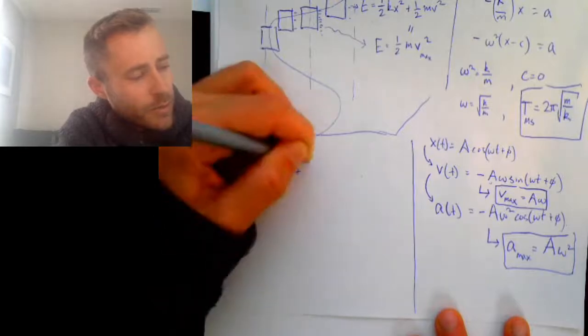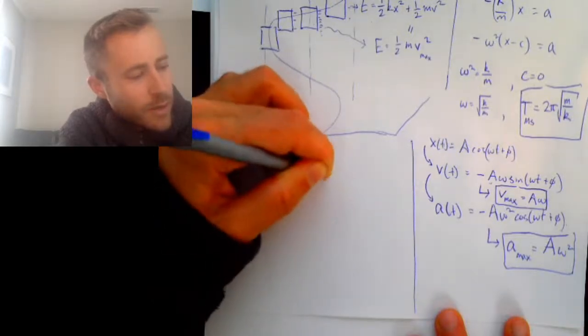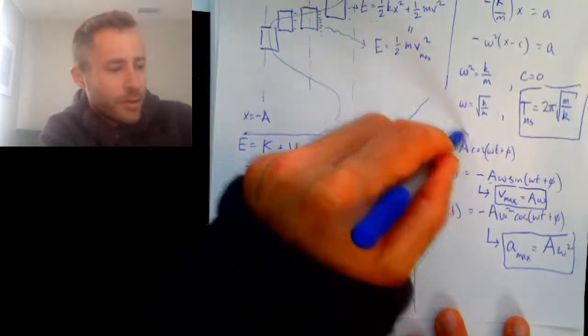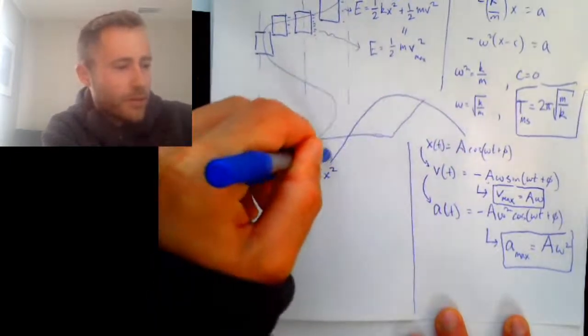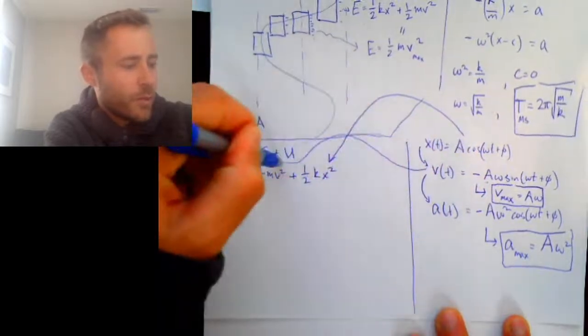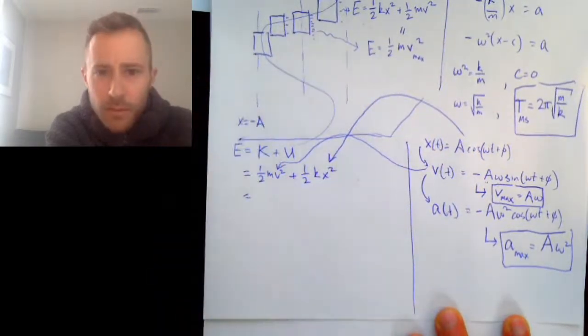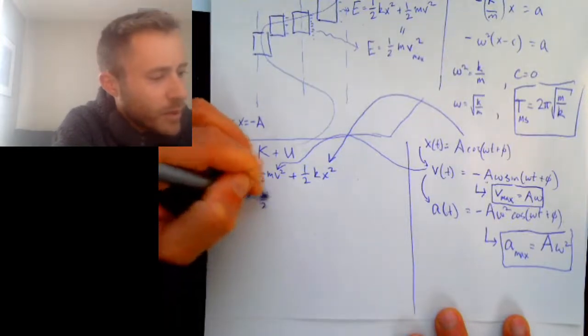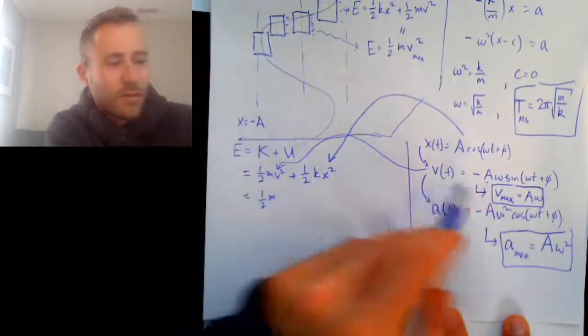The potential energy is 1/2 kx squared. So now I'm going to plug this in for x, and I'm going to plug this in for velocity.